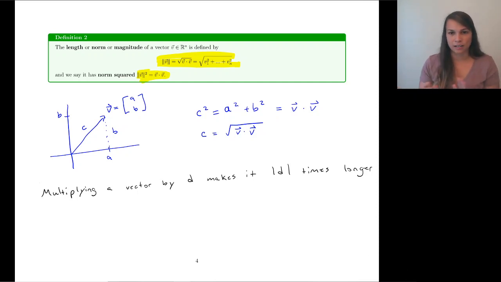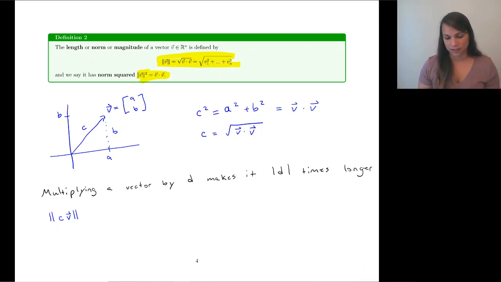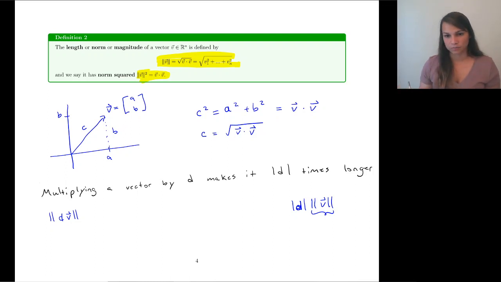So what does that look like in math? How can I use our new and improved definition of inner product and norms in order to prove this? Well, we're going to start with the length of d times our vector, and then hopefully we'll end up with this, because this is the length of our vector, and this would be like saying d times longer.